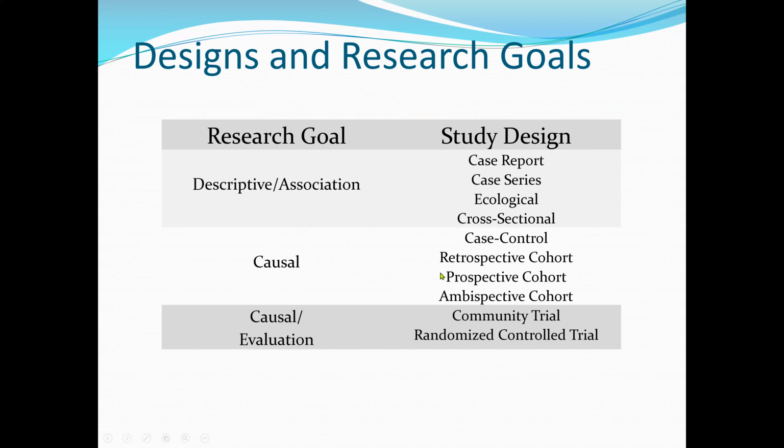And one thing we shouldn't forget is the availability of resources. When we are embarking on a research work, resources are very important. If resources are available, that, together with the research goal, may determine the study design we use. So again, I wish everybody the best, and thank you for your time.